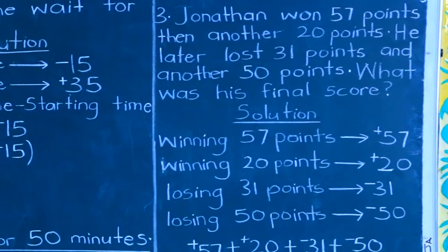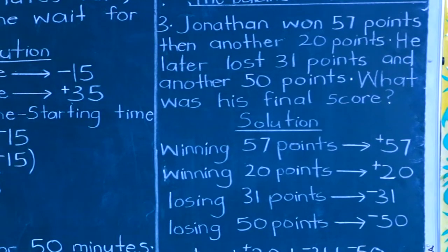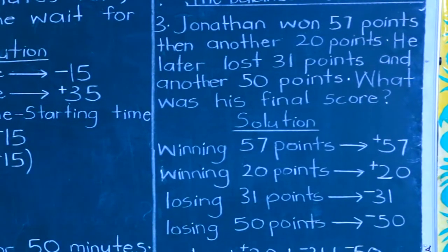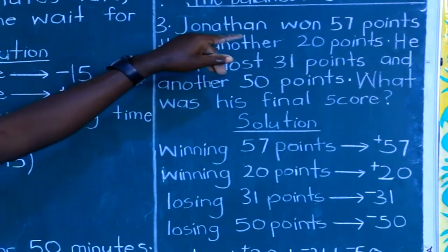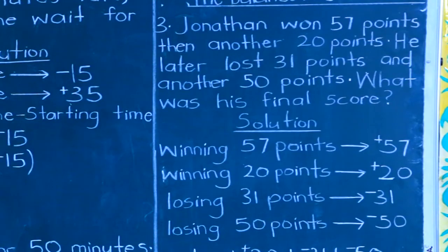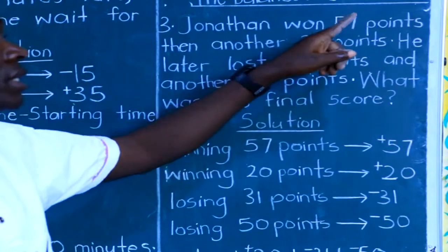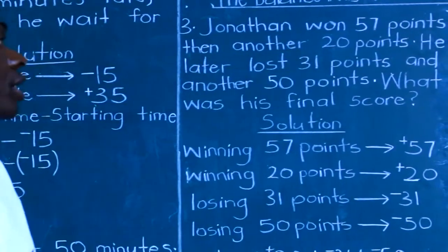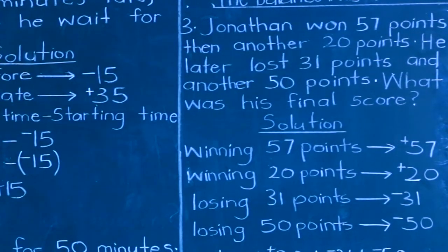Again, look at the key words that will take us to the application of integers today. I said when you see the word winning, you just know one applies positive integer. So the fact being that Jonathan won 57 points as well as 20 points, for these two, we apply positive integers.